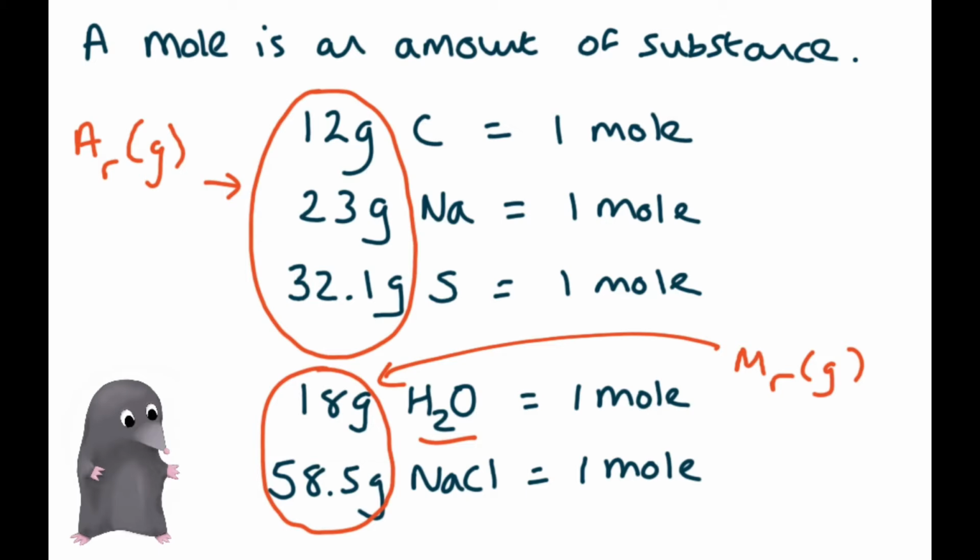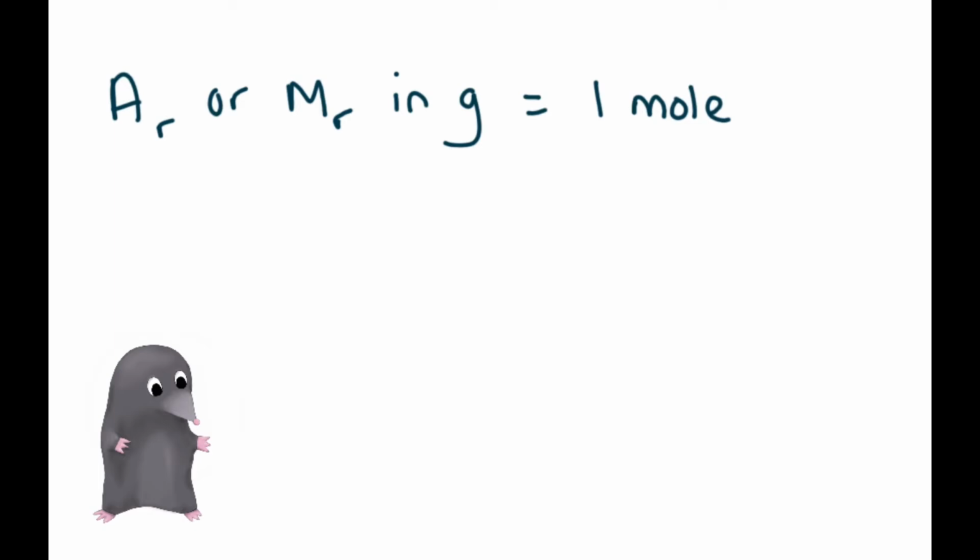The relative atomic mass of hydrogen is 1, and there are 2 hydrogens, and the relative atomic mass of oxygen is 16, so that gives you a relative molecular mass of 18.